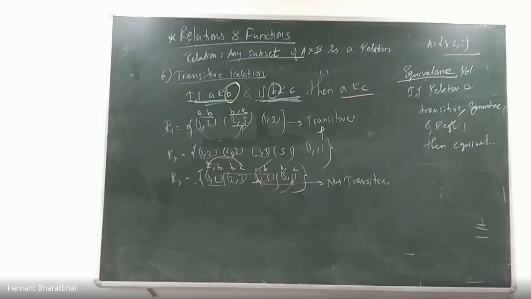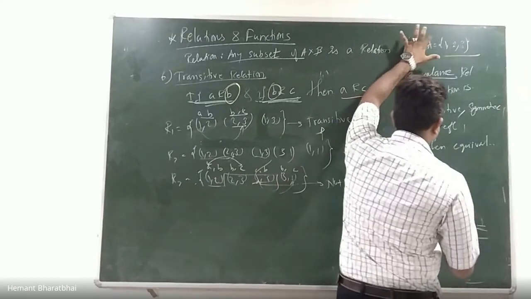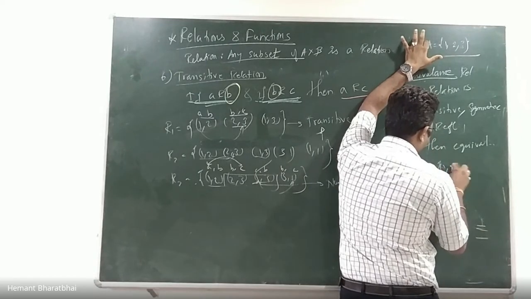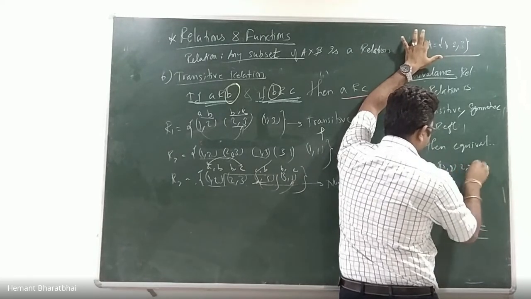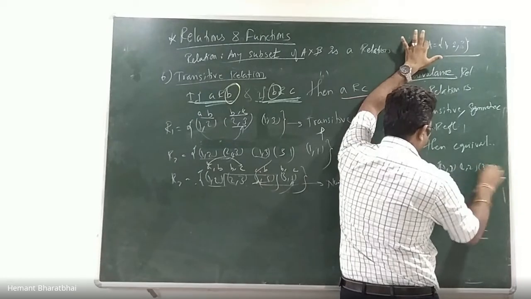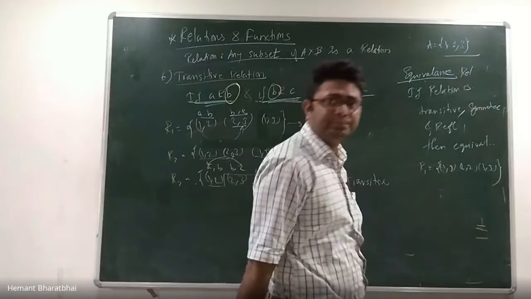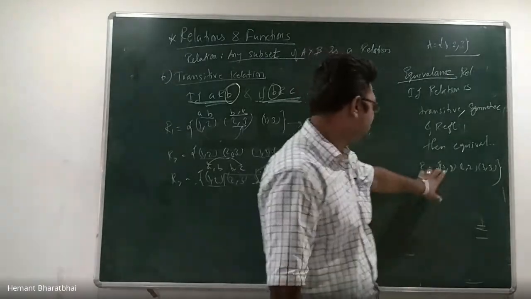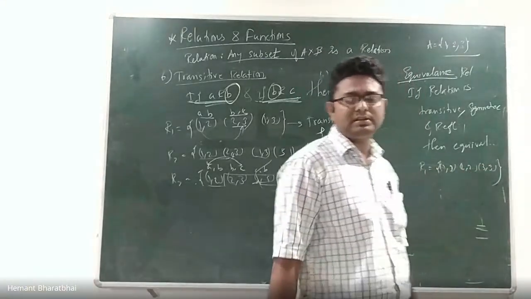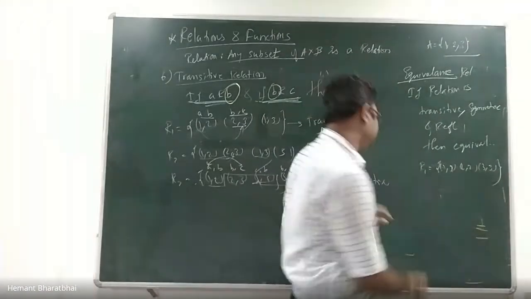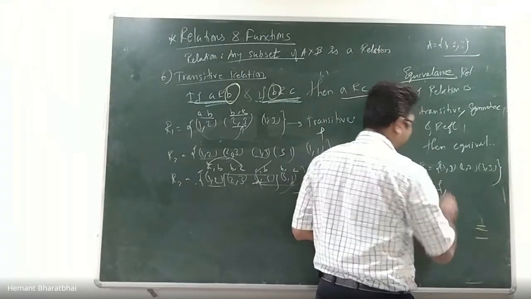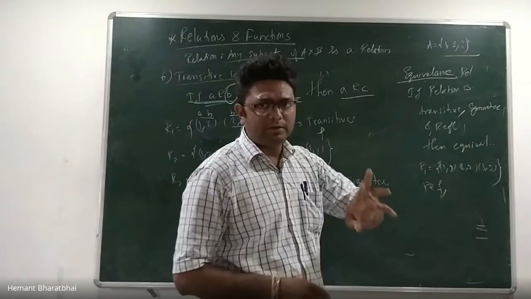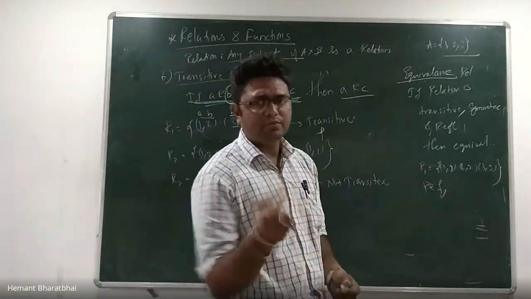Say for example, for this I write, now reflexive. Every element should be related to itself. So is every element related to itself? Yes. So it is reflexive. Now symmetric. The reverse should be present. So the reverse of 1 1 is also 1 1. The reverse of 2 2 is also 2 2.